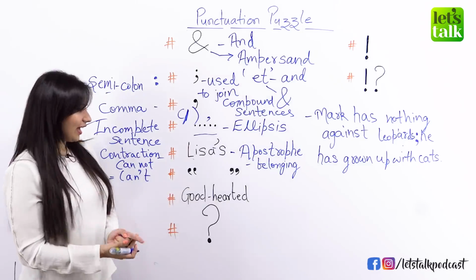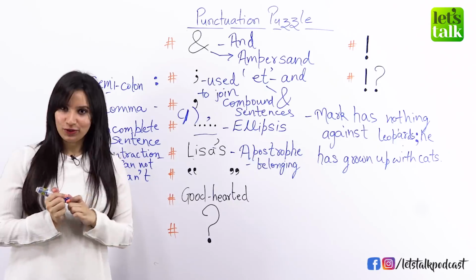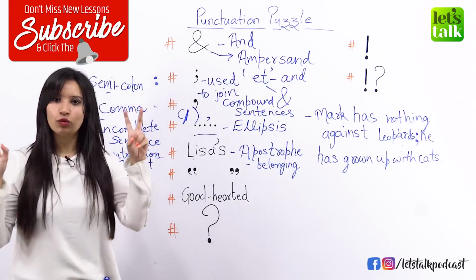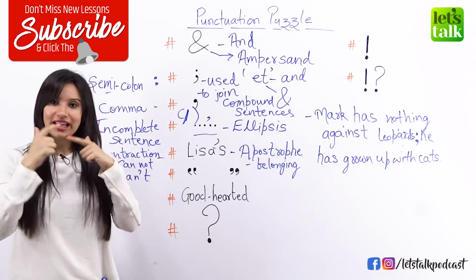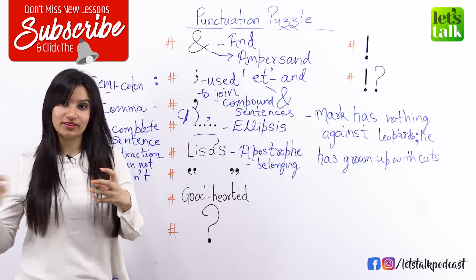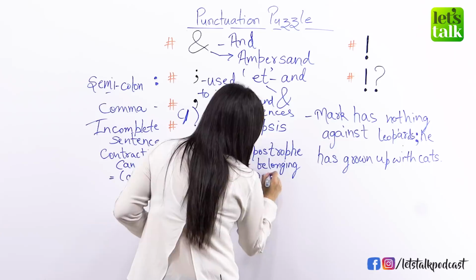The next one that we have are this. Very often when we talk in our body language, we mark this as this. This means quotation mark, or in someone else's words. This is when we are saying some other person's words. It's called a quotation mark. So we are quoting someone.